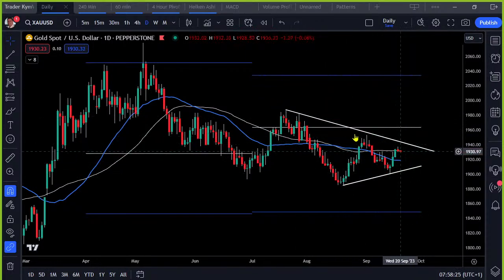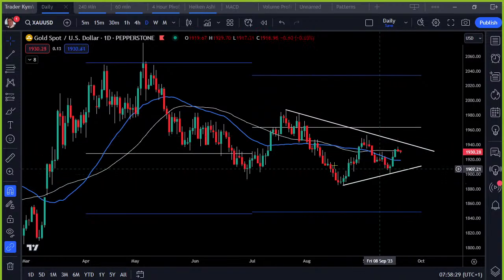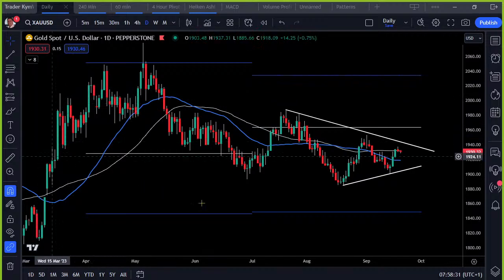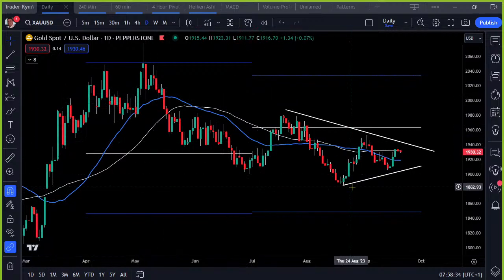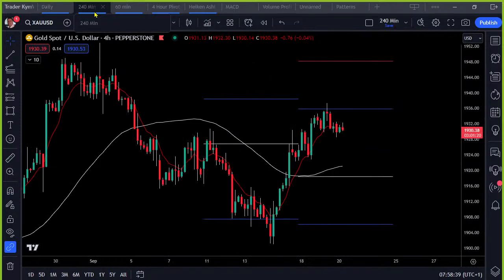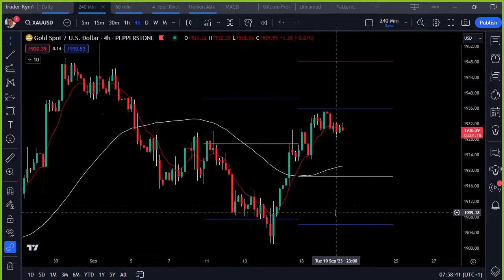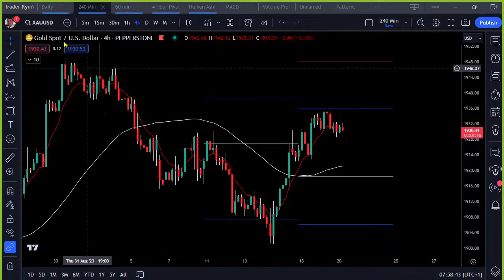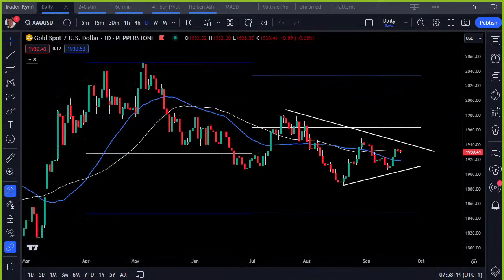It's tighter wedges and maybe forming within the wedge, but quite ugly still, and it's certainly not trendy enough for me to be wanting to trade it. If you're an intraday trader, I'm sure you're looking at it and there's opportunities, but I've stayed clear of this. I'm more of a swing trader on it.